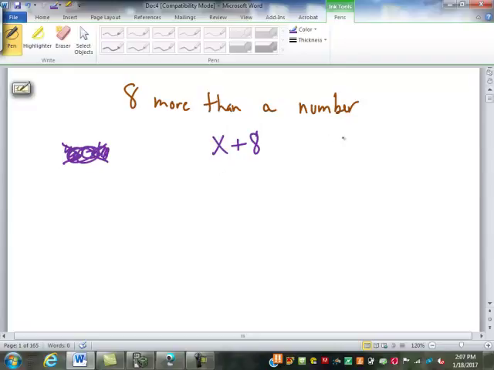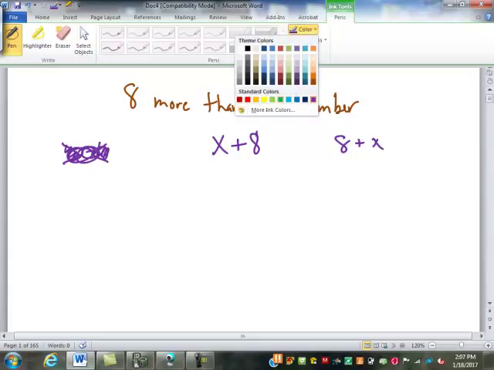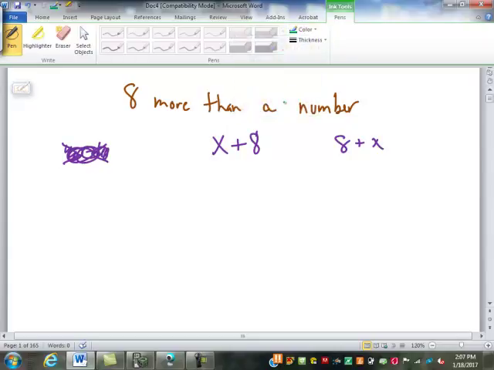So now I always get this question, well, could it be 8 plus X? Well, in addition, it doesn't matter what order we put those. Is X plus 8 the same thing as 8 plus X? Well, let's put a number in there for X. If I put in the number 3, is 3 plus 8 the same as 8 plus 3? Well, they both equal 11, right? So yes.